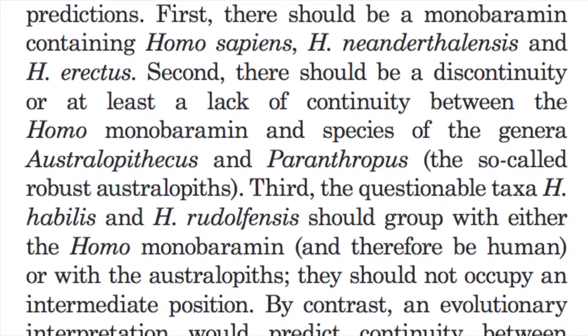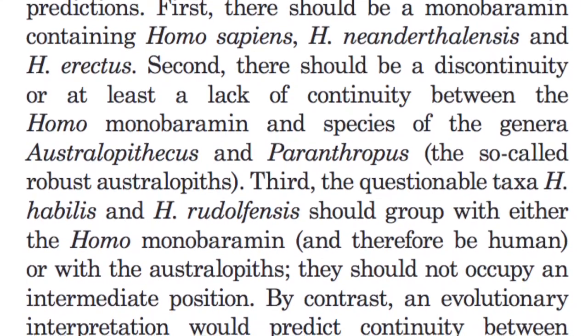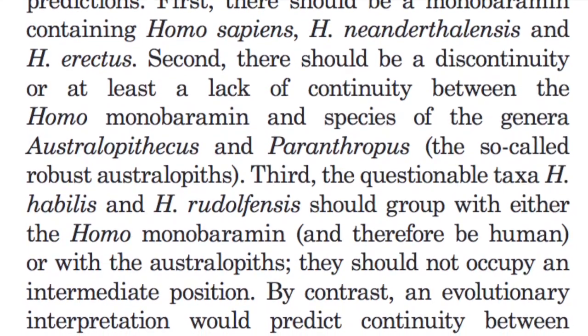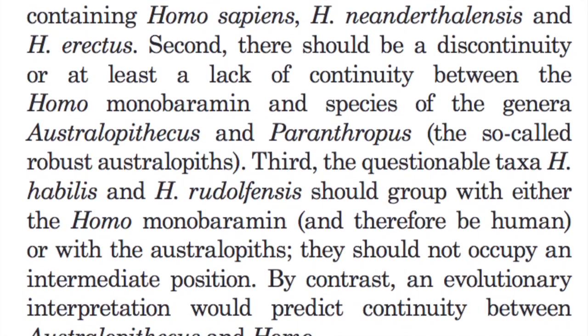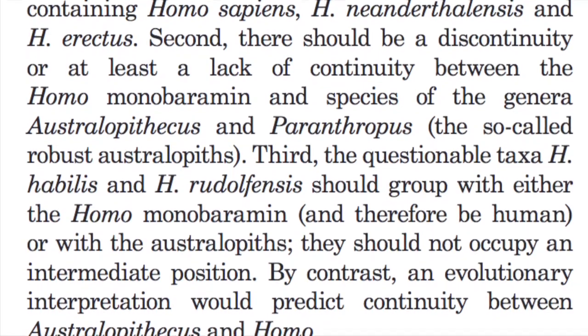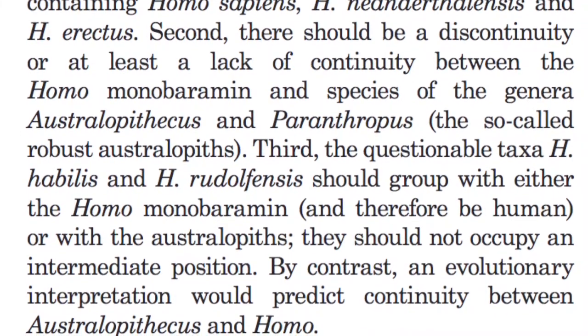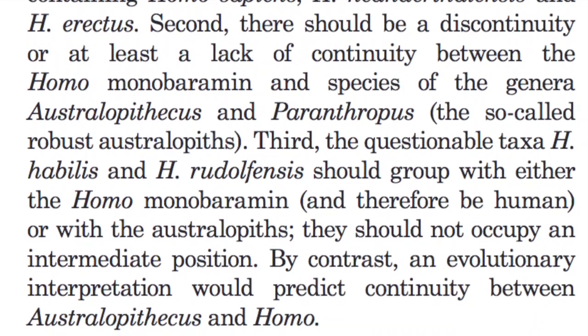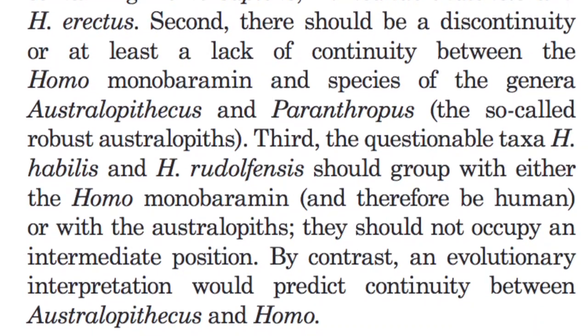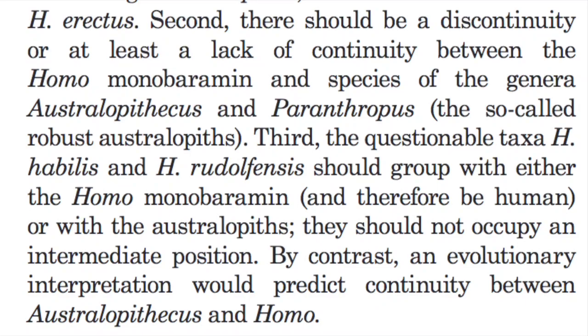Third, the questionable taxa of Habilis and Rudolfensis should group with either the Homo monobaramin, and therefore be human, or with Australopithecus. They should not occupy an intermediary position. By contrast, an evolutionary interpretation would predict continuity between Australopithecus and Homo.